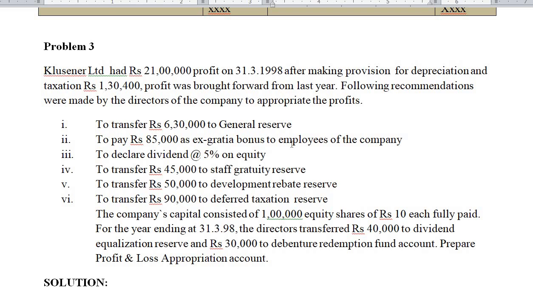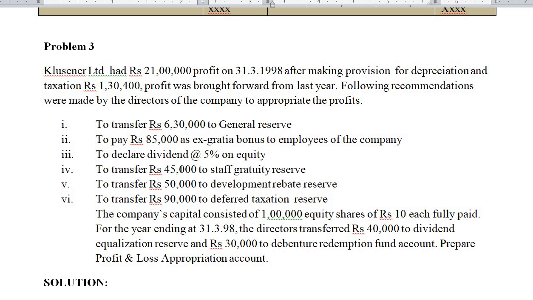So you are going to pay some proposed bonus to the employees, that is 85,000. So that is also an item which is to be shown in the debit side of profit and loss appropriation account. Now you can see, to declare dividend at 5% on equity. So whatever equity shares there are, on those equity shares you're going to provide 5% dividend.